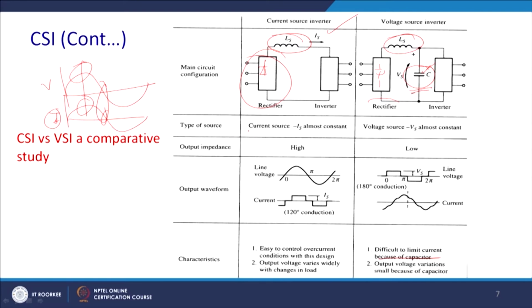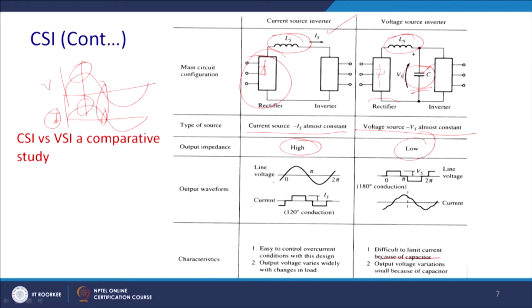So, types of source: in the CSI the current source Is is almost constant, and in the VSI the voltage source is almost constant. We get a constant voltage source irrespective of the load, that is our assumption, and we manage it by the modulation. Output impedance is high in the CSI, that is one of the problematic entities here, because of the high inductor, and here it is quite low.